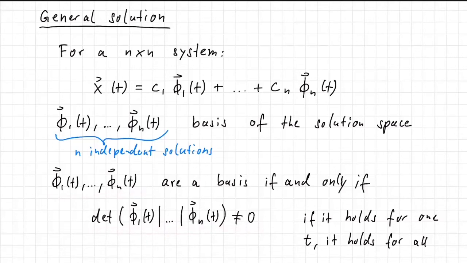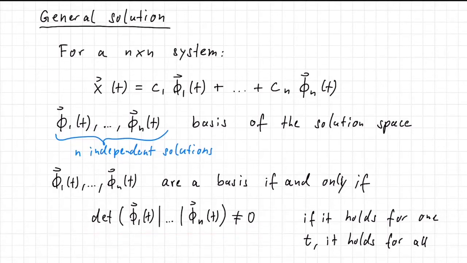This maybe is not even surprising, because if I just fix my time t, then my point x here is just some point in n-dimensional vector space, and we know that an n-dimensional vector space has n independent basis vectors. So this is basically the condition for those basis vectors to be linearly independent.